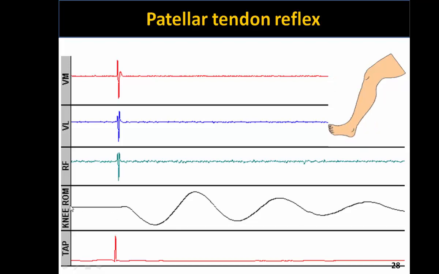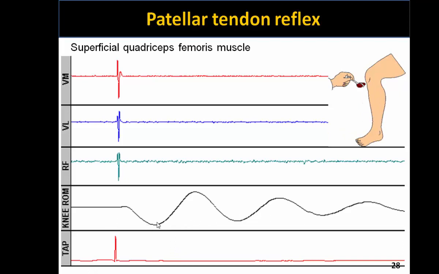This tracing is the electrogoniometer tracing. So after the patellar tendon was impacted by the hammer, we see the knee start to move. It starts to go through knee extension, knee flexion, knee extension in the manner we see on this cartoon illustration.